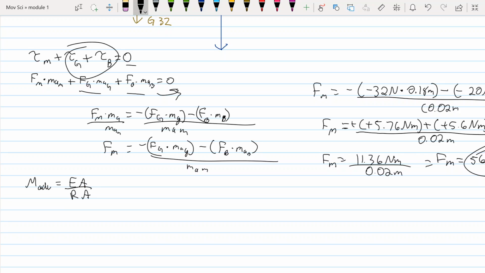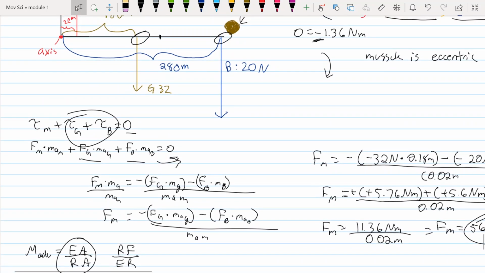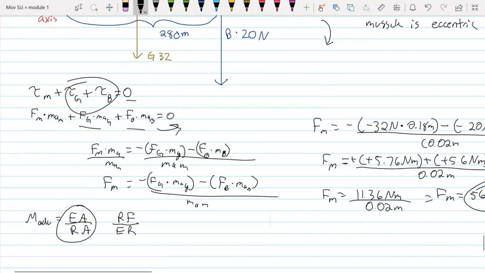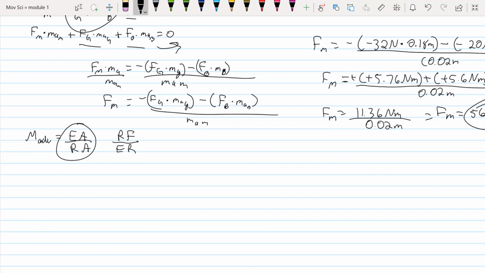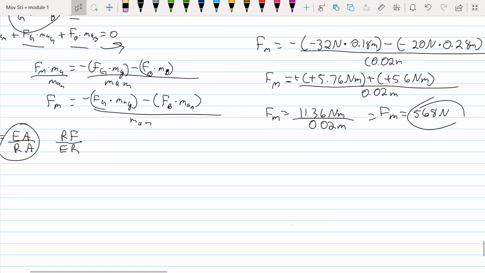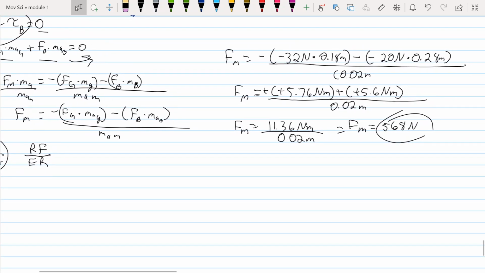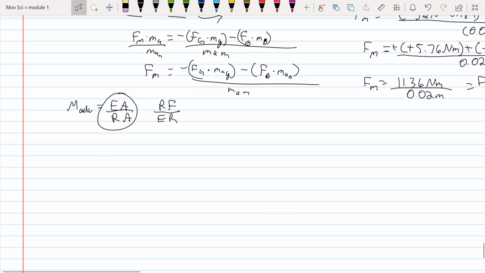There's another equation, which is the resistance force over the effort force. So we can't use this because there are two forces here. We have to use the force equation. And in order to use the force equation, we have to find out where it's not going to be in motion.